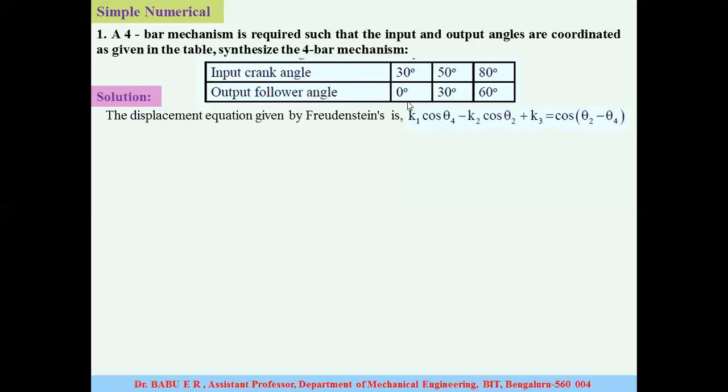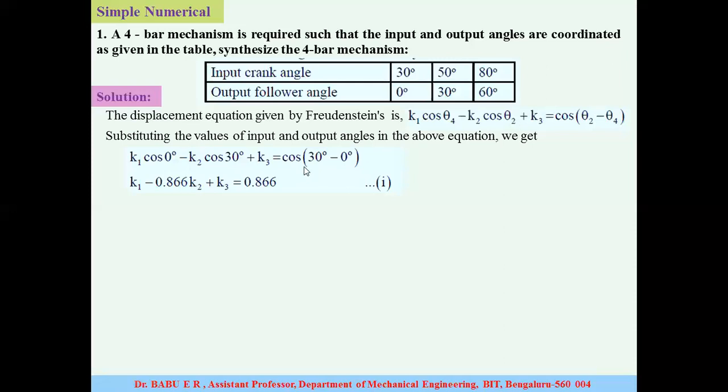Substitute the values of 30 degree and 0 degree into this equation and simplify it. We get k1 minus 0.866 times k2 plus k3 equals cos 30 degree, again 0.866, called equation number 1.